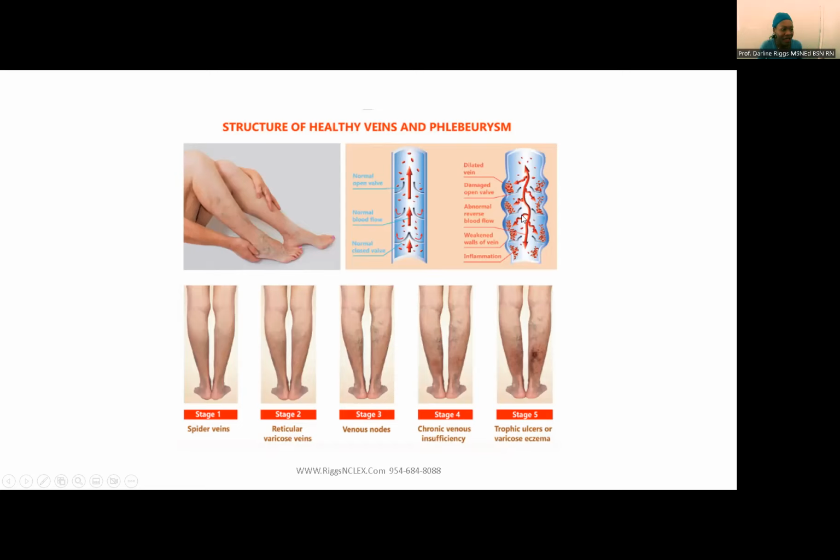Beautiful. It's not beautiful over here. And this could even cause reverse flow. And you see there's stages of these. Start with the tiny little spider veins, and then this is just 5. This person is going to have some signs and symptoms, decreased sensation, that tingling.